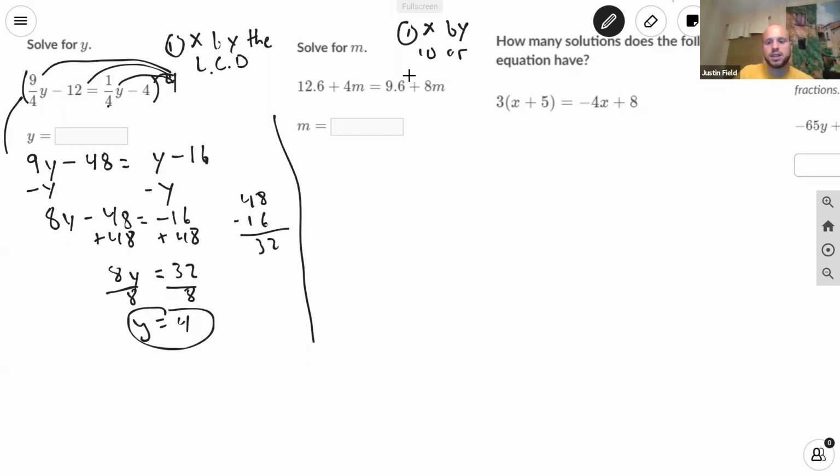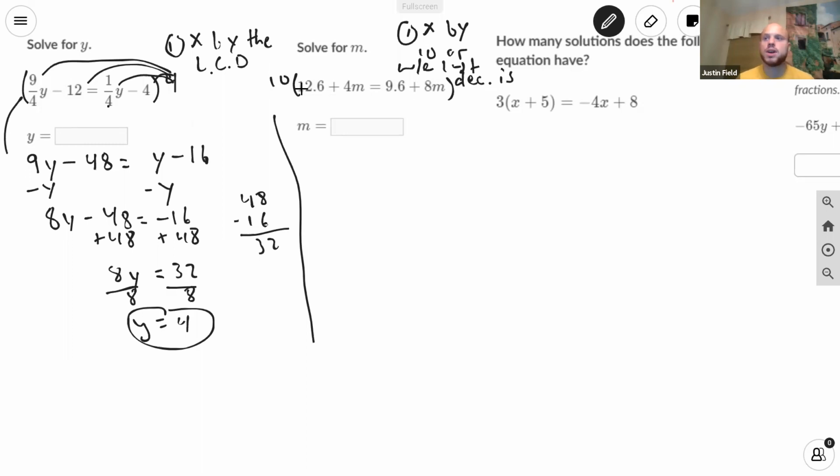If the last decimal place is the 100th, then you multiply by 100. So when we look at these numbers, the only decimal place is in the tenths. So we have to multiply by 10. And again, if it was in the hundredths, then we would multiply by 100.